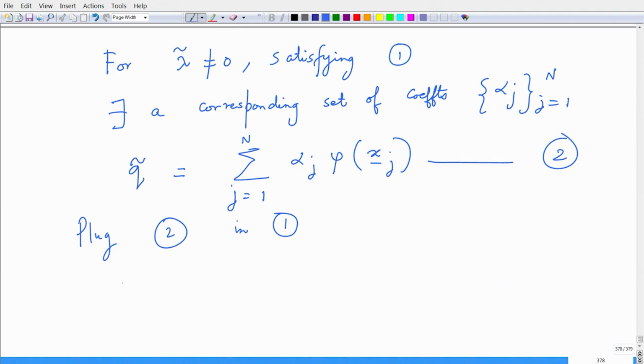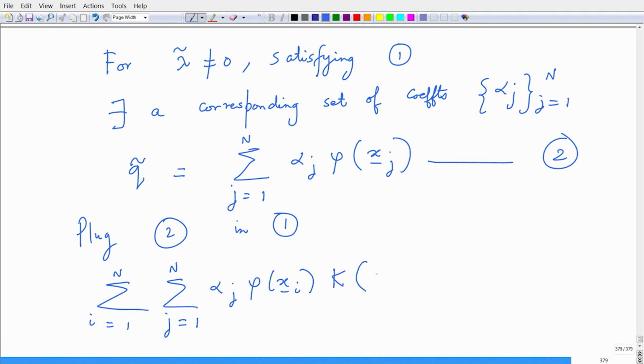For R q tilde, I will end up with summation i equals 1 to n, summation j equals 1 to n, alpha j phi of xi times the kernel acting on xi, xj, equals n times lambda tilde times summation j equals 1 to capital N alpha j phi of xj.